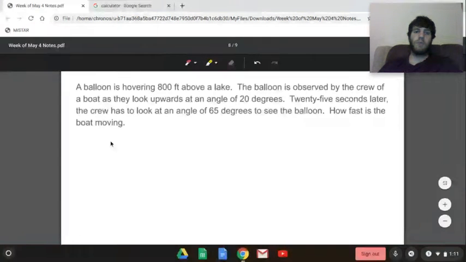So we have a balloon. I could draw a straight line. Okay, and then here's the water. Okay, the balloon is 800 feet above the water. You have a boat. Okay, there's a boat.